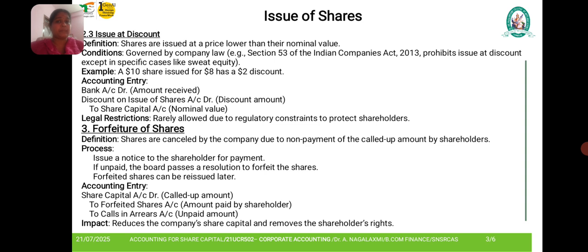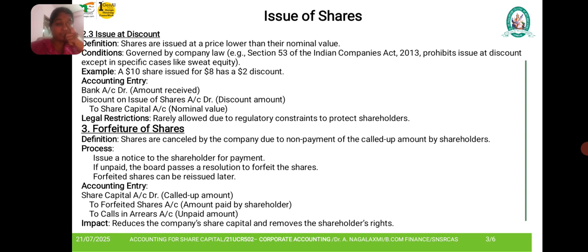After many reminders, the company will pass a resolution to forfeit the shares, and they will take back the shares of that shareholder holding 1000 shares for his default of payment even after reminders. The amount so paid, application money, allotment money, first call money, everything will be a loss for him. Nothing can be claimed from the company. This is called forfeiture.